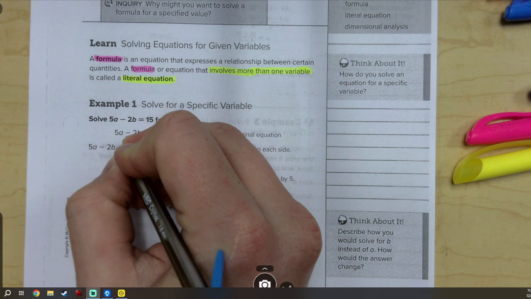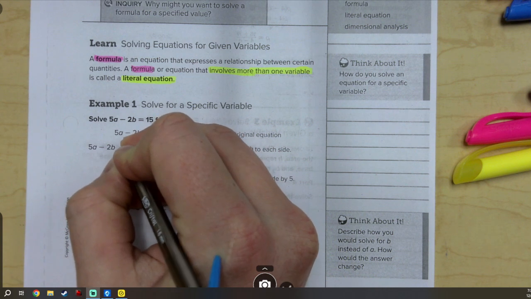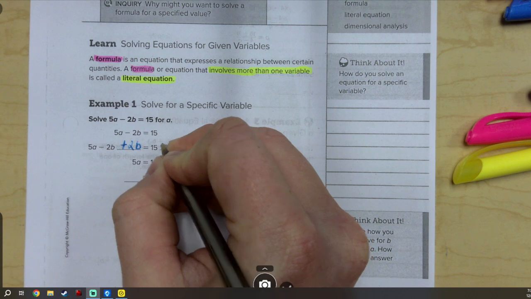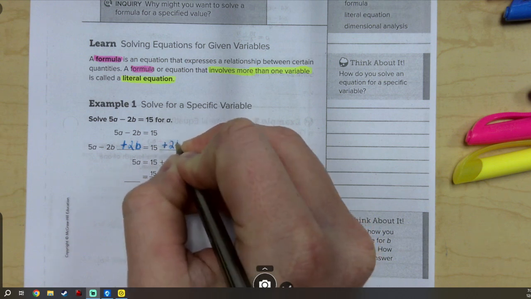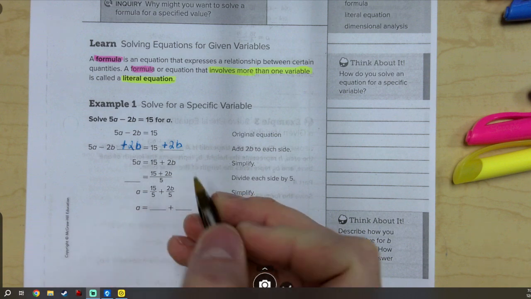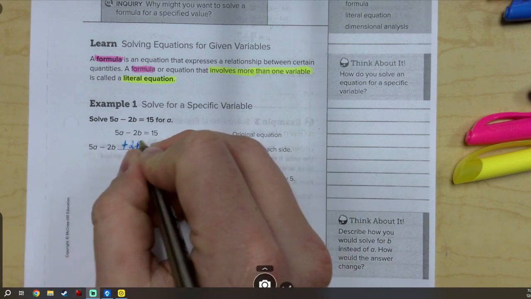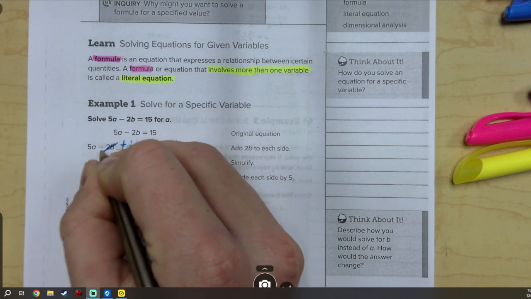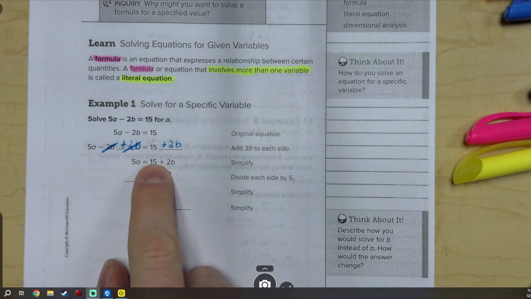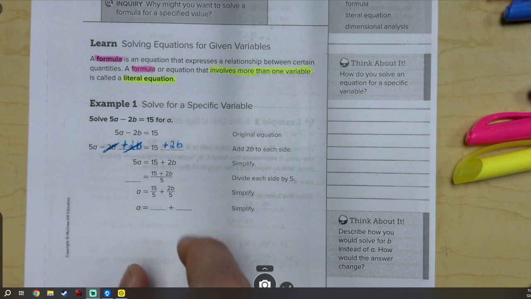By adding 2b, we're canceling out this b over here on the left and moving it to the right. So cancel, cancel. 5a drops down, 15 plus 2b.